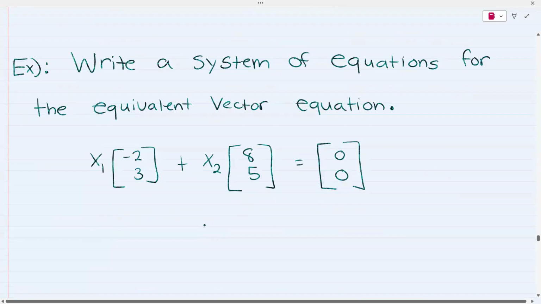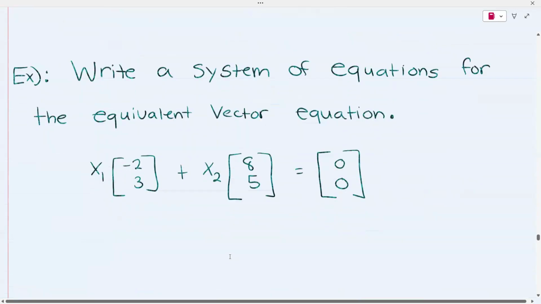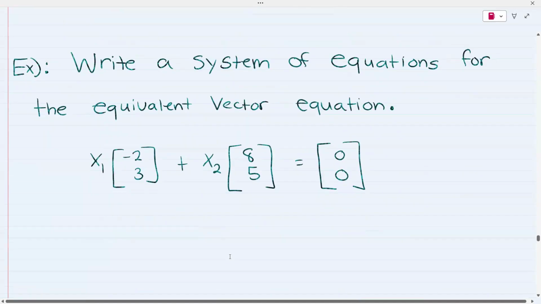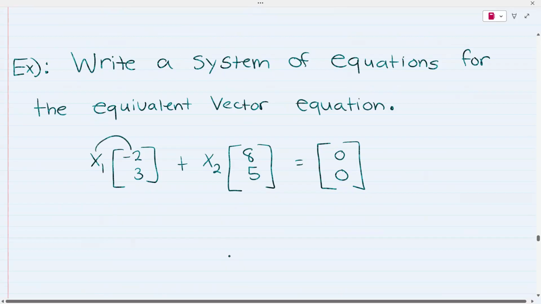Okay, the next question says, write a system of equations for the equivalent vector equation. So they want a system of equations. It's kind of already all set up, so all we've got to do is distribute out this x1.